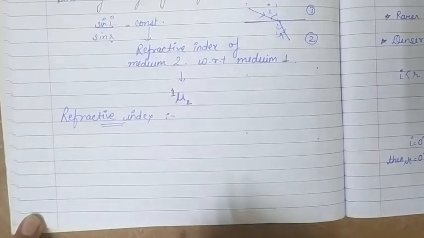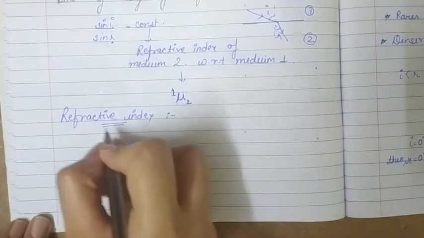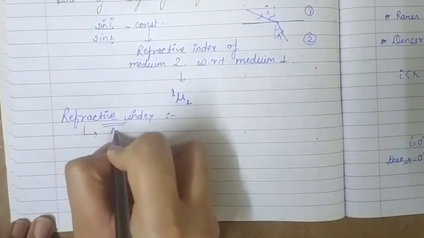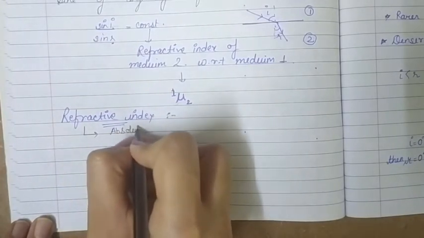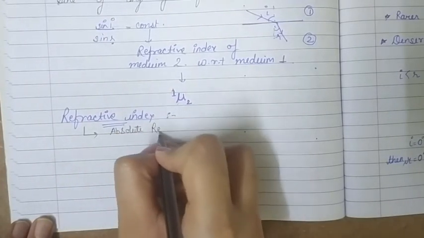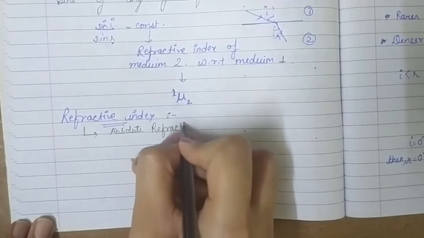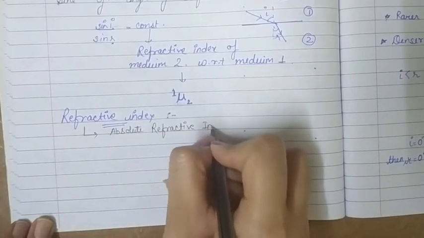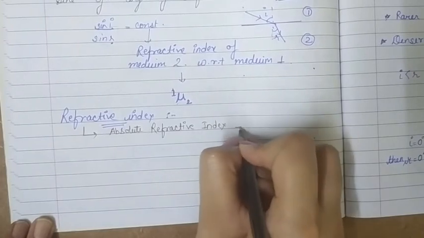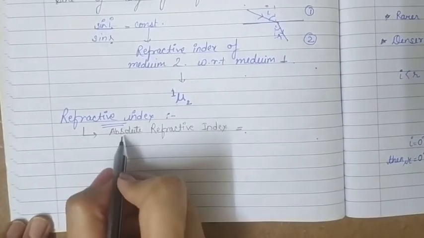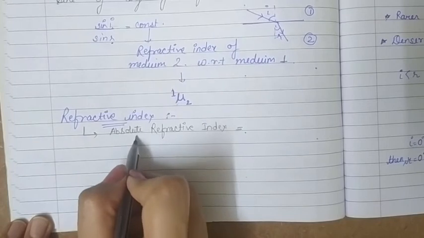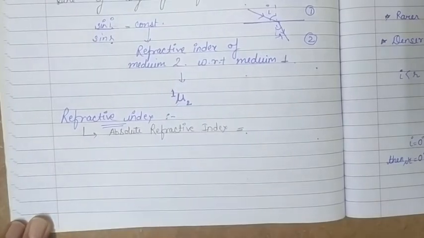So for refractive index, first I am defining absolute refractive index, then I'll define relative refractive index. Absolute refractive index means that this is the refractive index of a medium with respect to vacuum, right? Absolute refractive index means this is the refractive index of the medium with respect to vacuum.